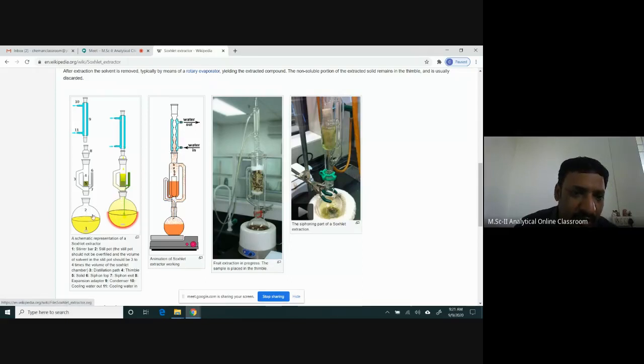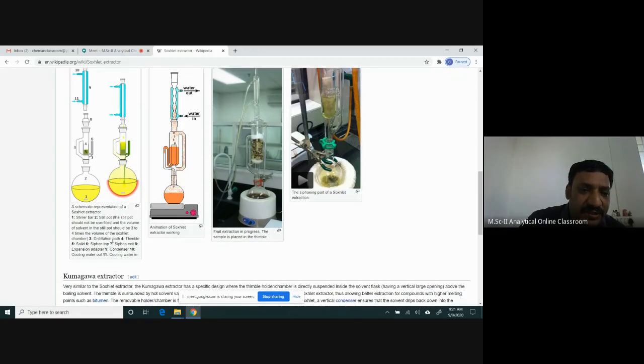That's why we require here vacuum to be generated, and due to that this solvent evaporates and again comes back to the round bottom flask, and that's why we require the empty space, that is vacuum, in this round bottom flask. So the round bottom flask is not always full, it is always half, because half of the round bottom flask has the vacuum.